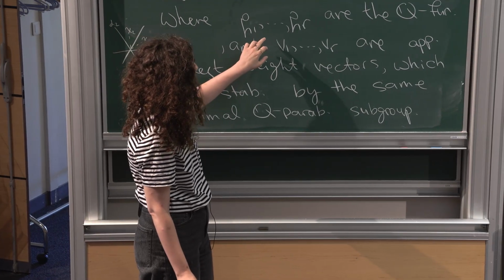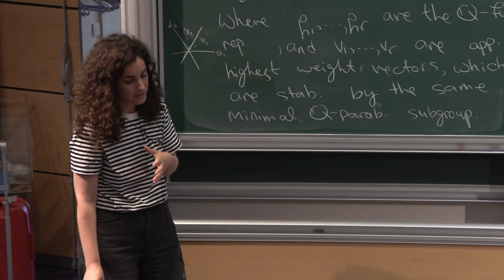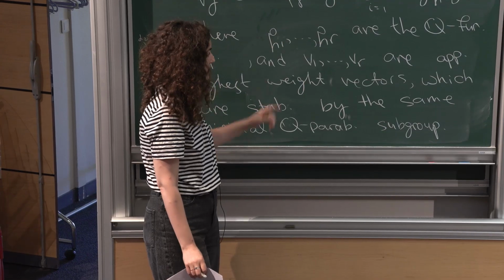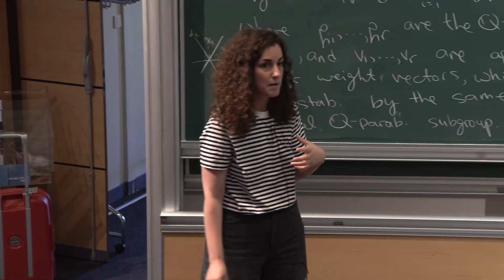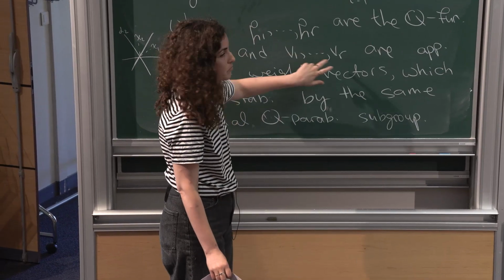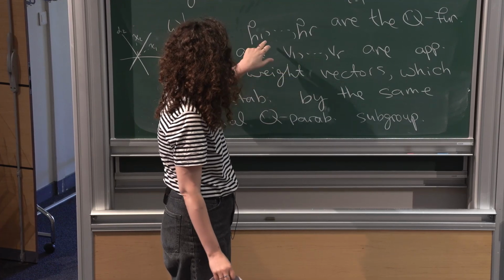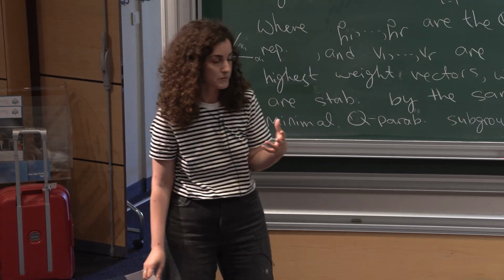And maybe again, if you're not familiar with these notions, it means that each of these is stabilized by some maximal Q parabolic. So each of these representations has rational vectors that are stabilized by some maximal Q parabolic subgroups.